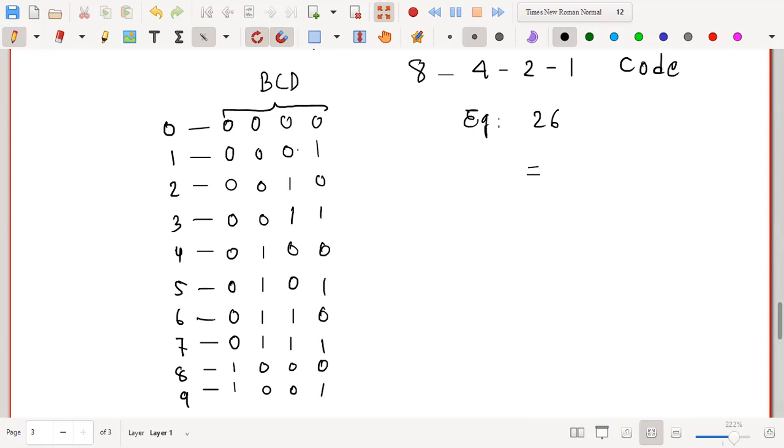You would represent 2 as 0010 and 6 as 0110. So this is your 26 in BCD form. This is how you write down the BCD, also known as 8421. With this, I would like to stop this second lecture here.